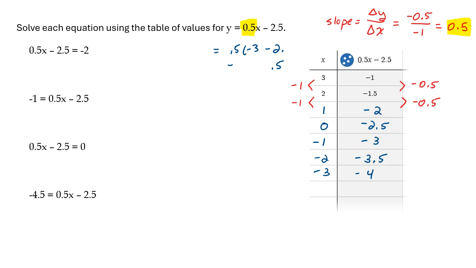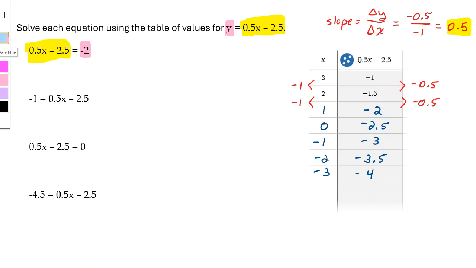Now let's take a look at these equations. In the y spot, right here, we have -2. Notice that the stuff on the other side of the equation, this 0.5x minus 2.5, is the same as this. So I'm trying to find the value of x that will give me an output of -2.